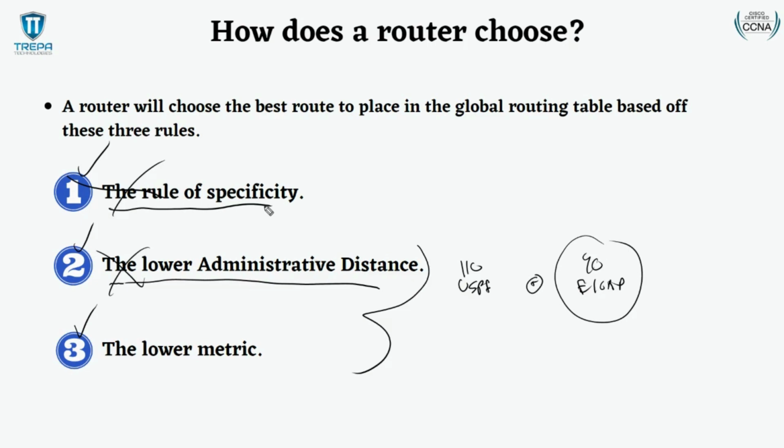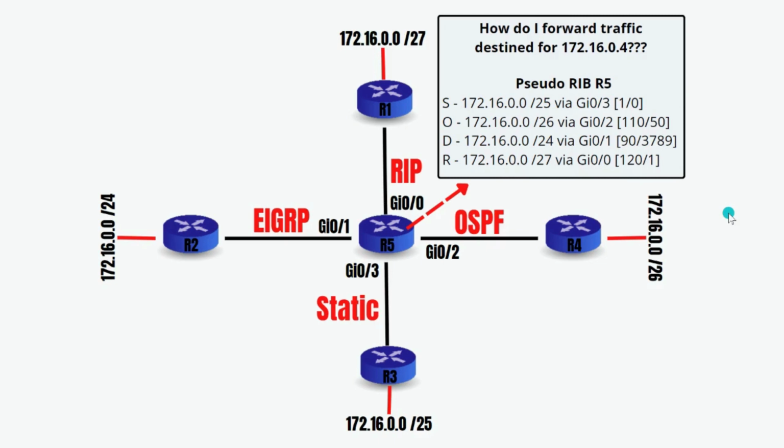This is saying that when you receive a packet, if that destination IP falls within a longer prefix length, it's going out that path. So the rule of specificity is if a destination IP is inclusive of a longer prefix, it chooses that route no matter what. So let me stop talking about it and let's show you.